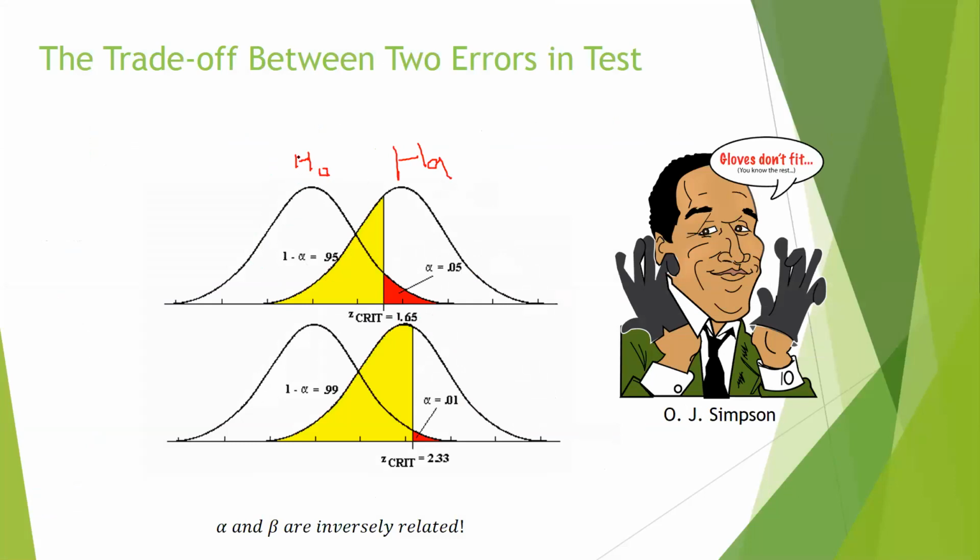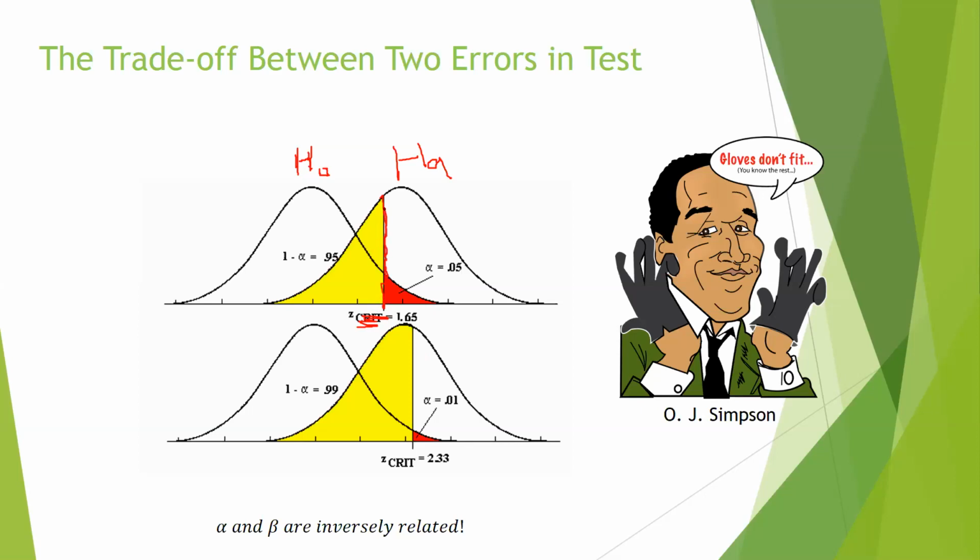We only test H0, the null hypothesis. Suppose this is the critical value we use for either accepting or rejecting the null hypothesis.